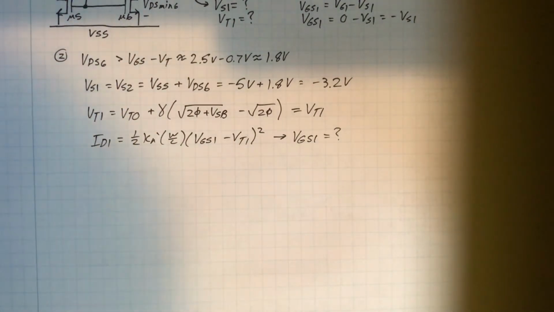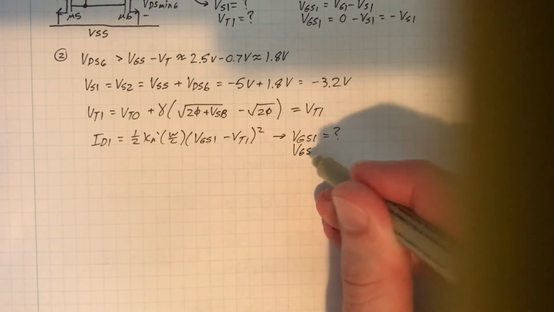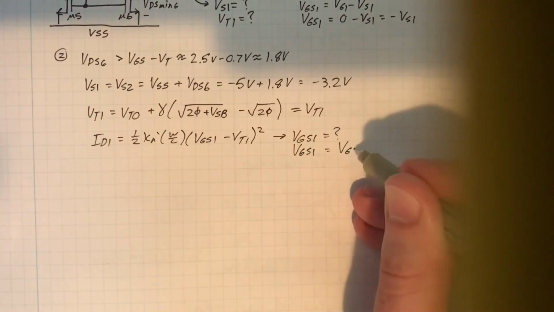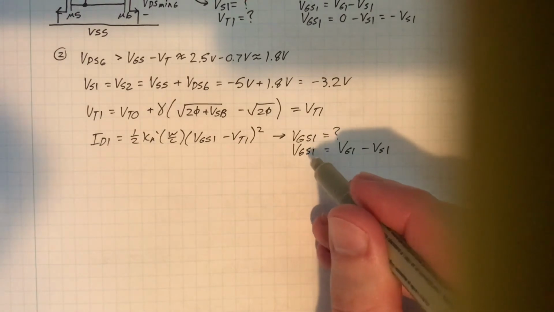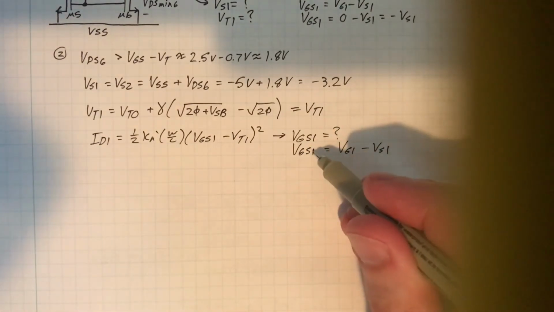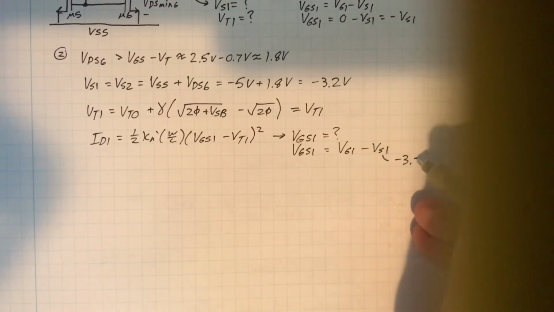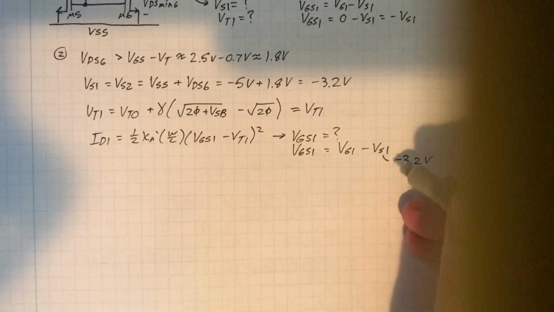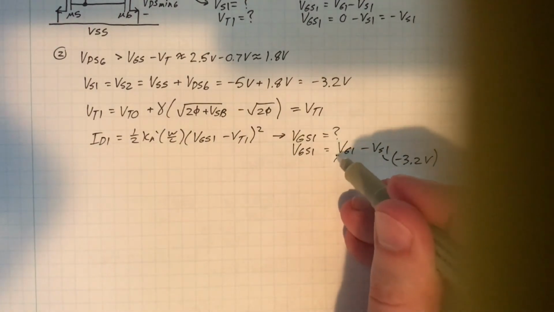And once you know VGS1, you can figure out what VG is by just substituting VGS1 is equal to VG1 minus VS1. You just solve for VG1. VS1 is the minus 3.2 volts that you calculated. You can solve for VG1.